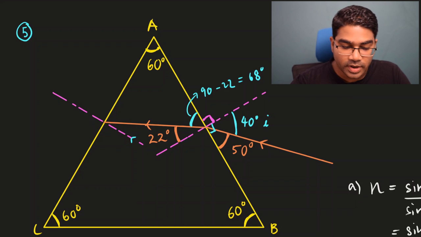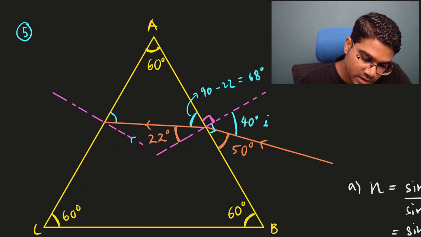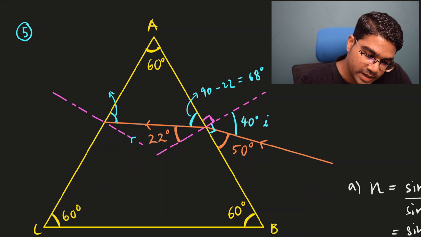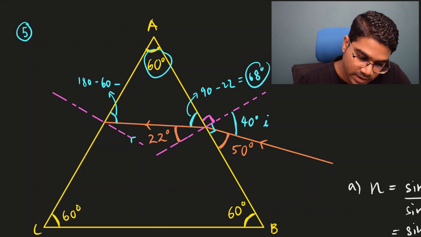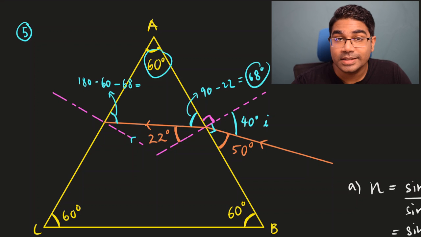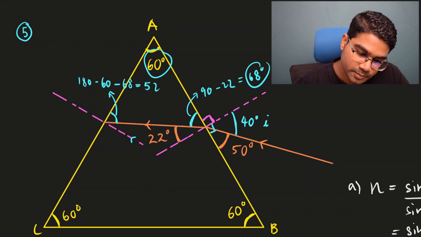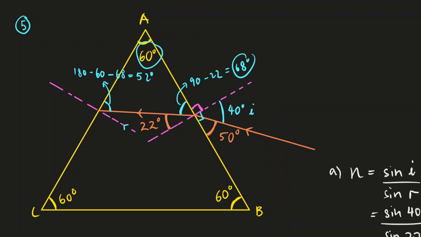And since we have the triangle here, this is 180 minus this angle 60 minus this angle 68. What we get here is 52 degrees. This is our incident angle. This incident angle will be 90 minus 52, which is 48 degrees.